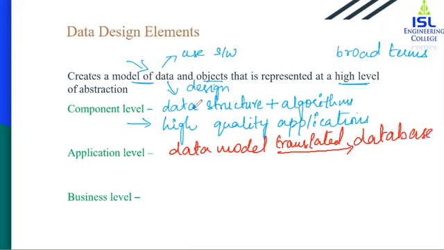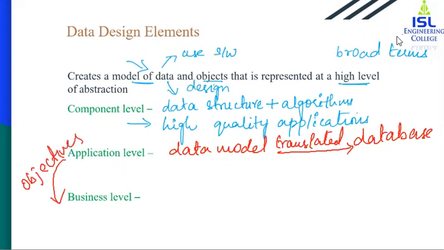The data model is the type of data that you're using, and it is going to be translated into the database. This translation of the data model into a database is very important, essential so that you can achieve the objectives of business.